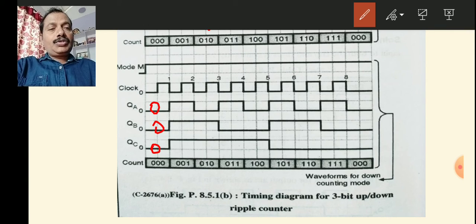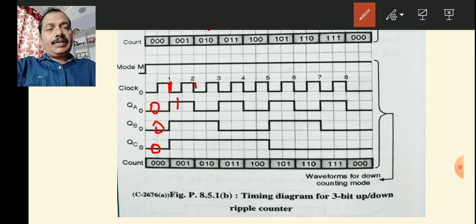In the first clock pulse, this becomes 1. For every negative edge this will toggle. Already I told you: for every negative edge of QA, QB will toggle, and for every negative edge of QB, QC will toggle. That you have to remember.